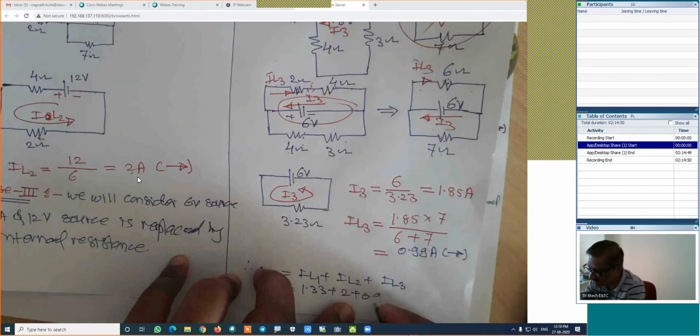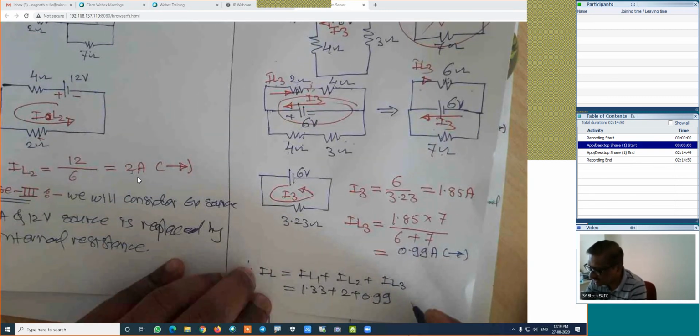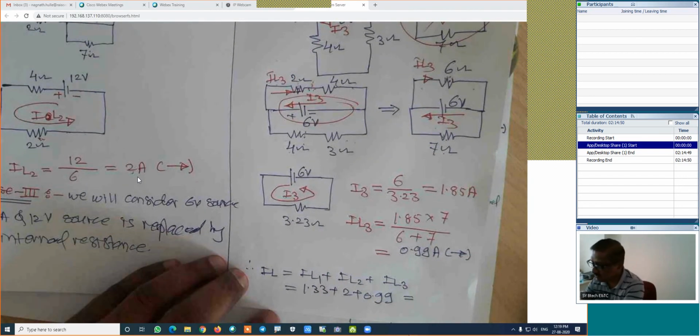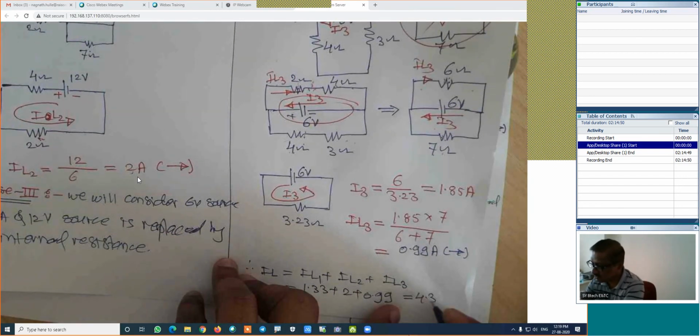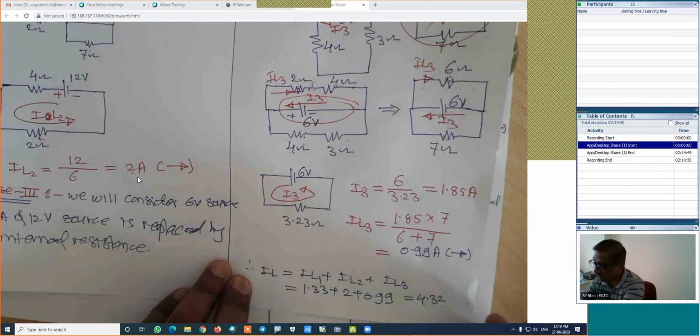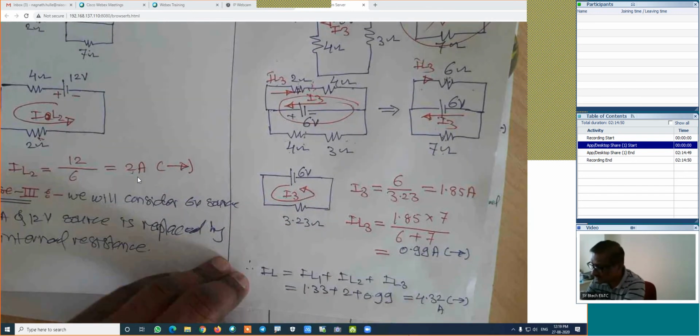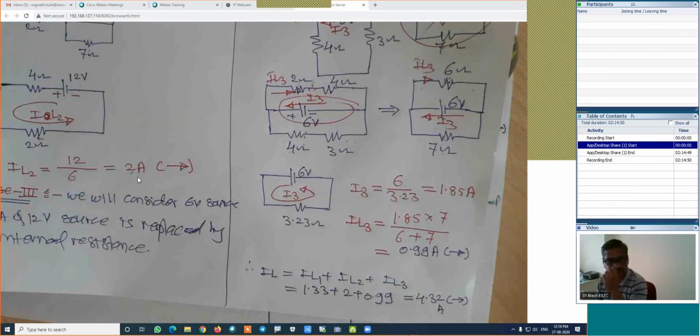How much is the total value? 4.32 amperes, and it is forward. This is the total value of the current flowing through the circuit whenever we are considering this example.